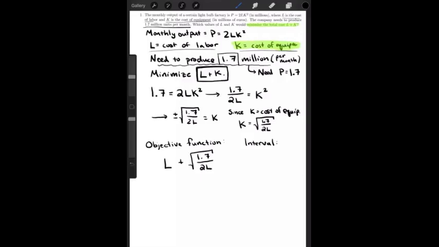Which means that while, I don't know, we might have a time where the cost of labor is nothing, we're never going to have a time where the cost of labor in and of itself, by itself, is negative. So our interval is, it can get all the way down to 0, and then it can get up to who knows what.